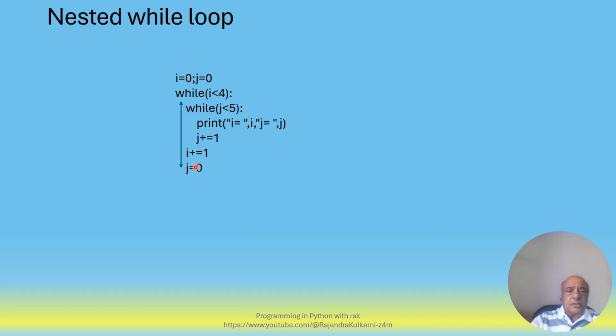Then the statement outside the inner while loop is i is equal to i plus 1, so i will increment by 1. j will be set to 0 and the inner while loop will again execute the statements till j is less than 5. This j equal to 0 causes the value of j to reset to 0 when it enters the inner while loop.